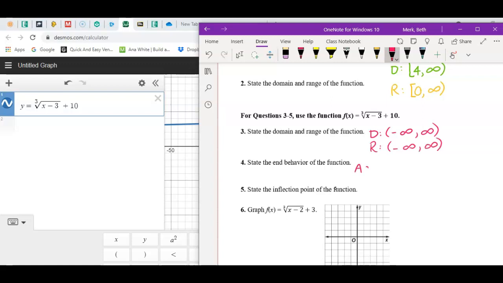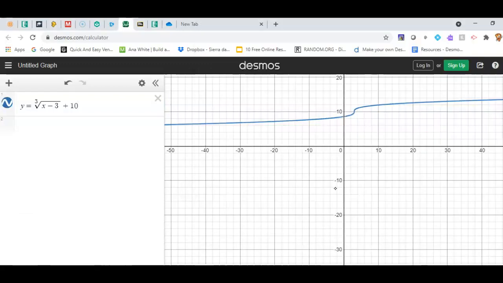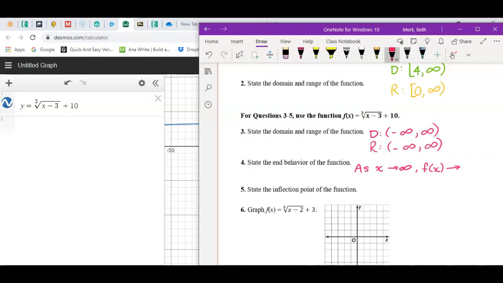And behavior, as x approaches infinity, or goes to the right, the graph goes up, positive infinity. And then we rewrite it as x approaches negative infinity, f of x approaches, in this case, negative infinity.